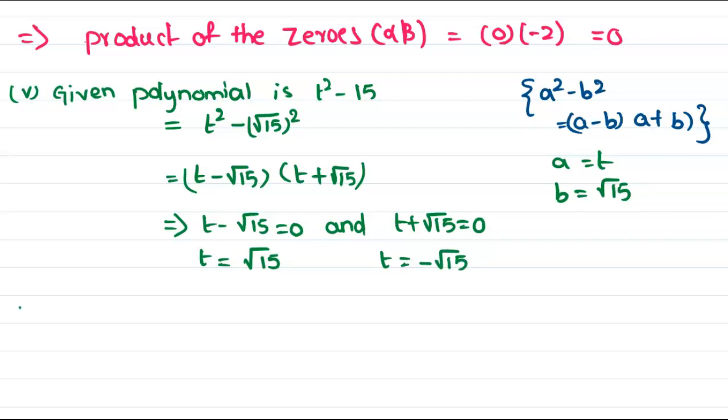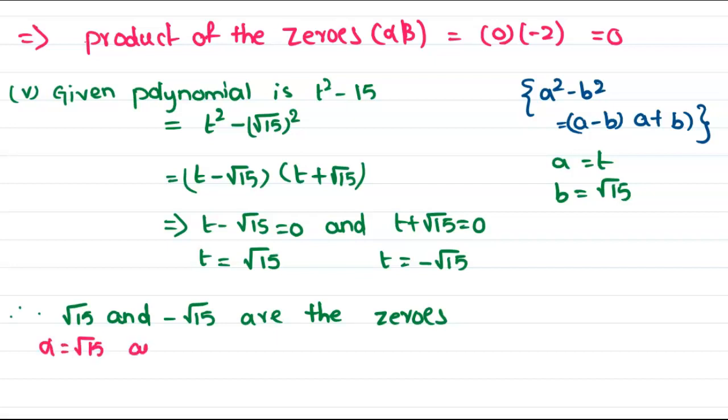So from this information, therefore, root 15 and minus root 15 are the zeros of the given polynomial. For this, let us assume that alpha is equal to root 15 and beta is equal to minus root 15 here.